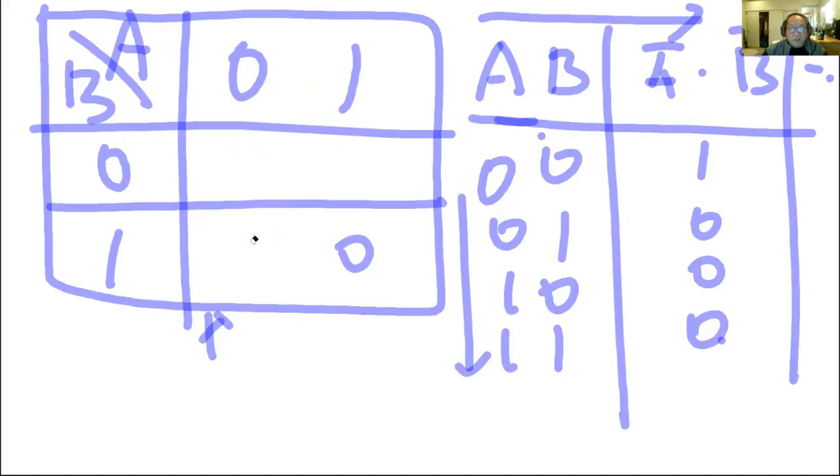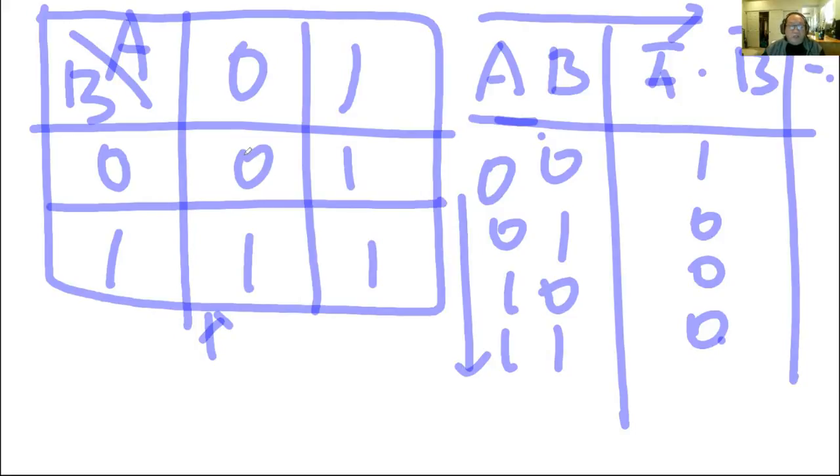Say if we erase this and we have this, and I put 1, 1, 1, 0, this one actually is A or B. But logically, how can we get A or B fast?